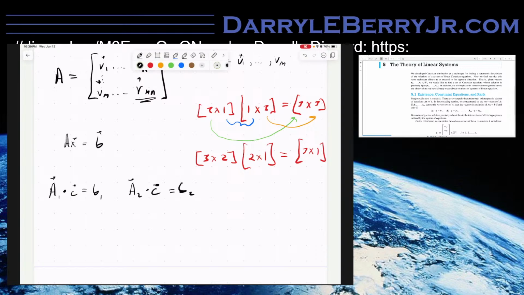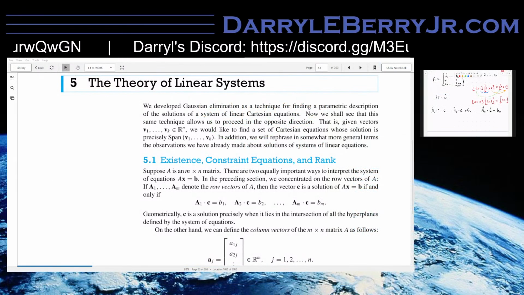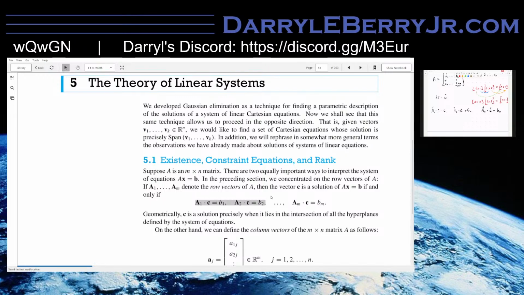I noticed that in this example, B is not a vector. If you look at the book, A and C are in bold, making them vectors, but B is not.